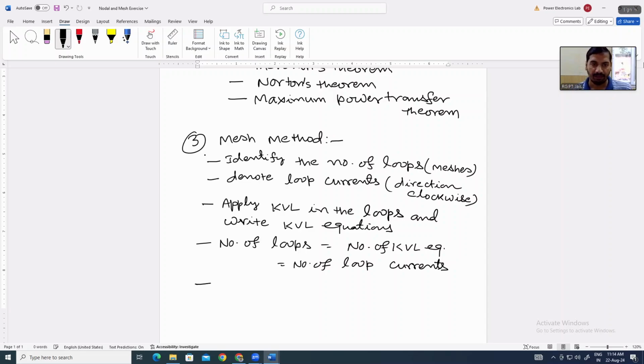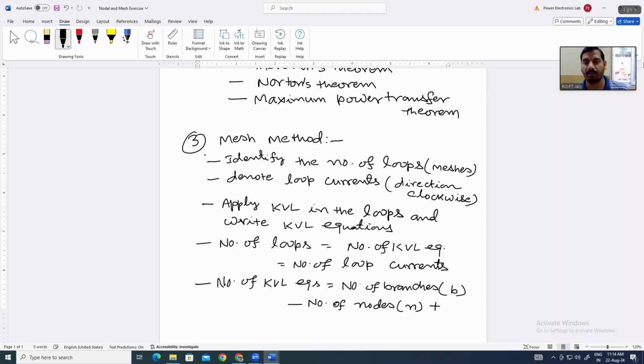There is a formula for the number of KVL equations. The number of KVL equations is equal to the number of branches, that is B, minus the number of nodes, plus 1.